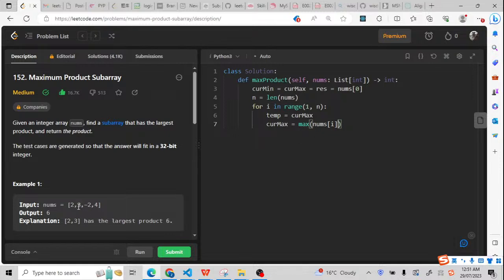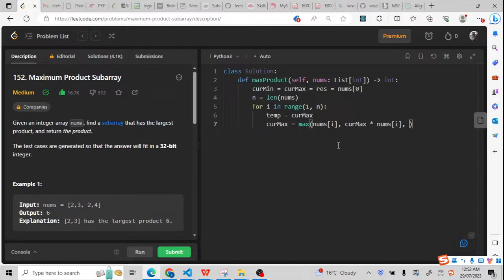And we also need to make sure the numbers are continuous. So how to make it continuous? We need to use the current max times this nums[i]. So this means for our DP array, everything is continuous. Maybe we will get a maximum value or the minimum value, but it doesn't matter.